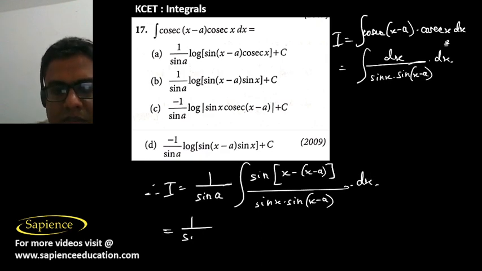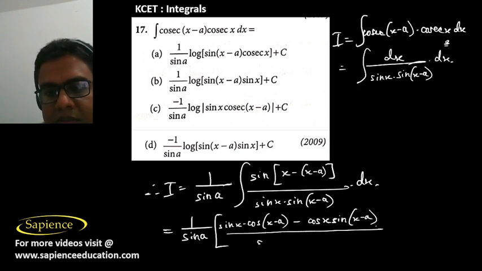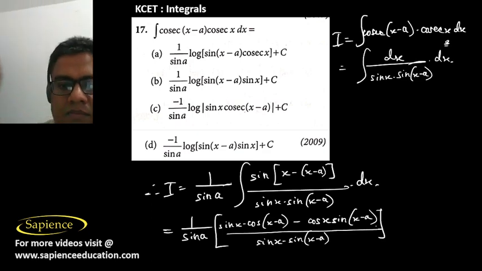This will be 1 by sine a into the integral of sine a minus b. This is sine a cos b minus cos a sine b. So this is sine x cos a minus cos x sine a, divided by sine x into sine x minus a, integral dx.